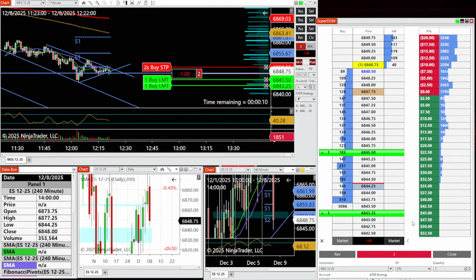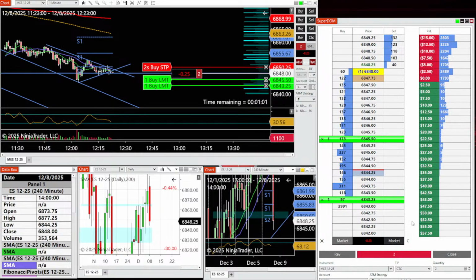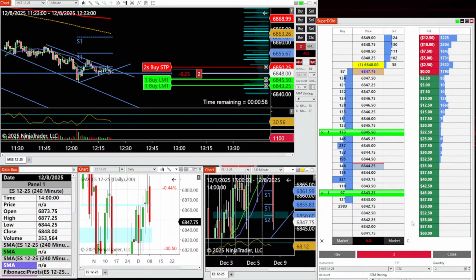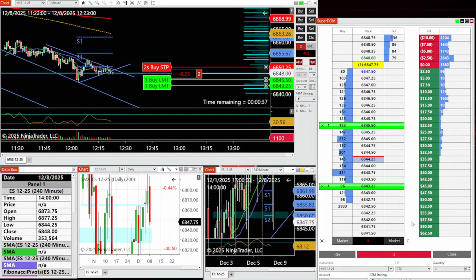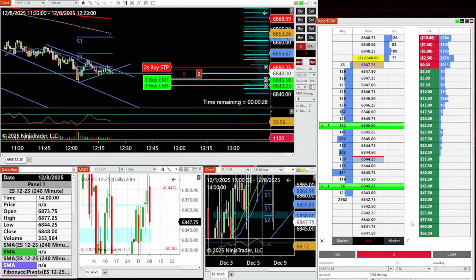Still may not be on the right side. Trying to get on the right side for once.